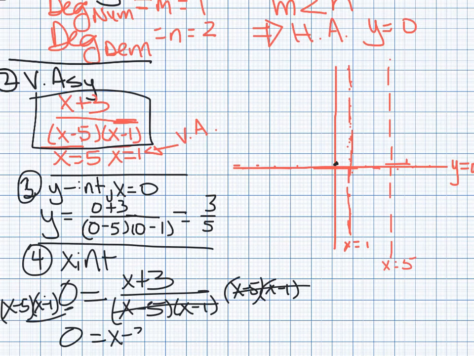So you're going to have x minus 3. So your x-intercept is going to be a positive 3.